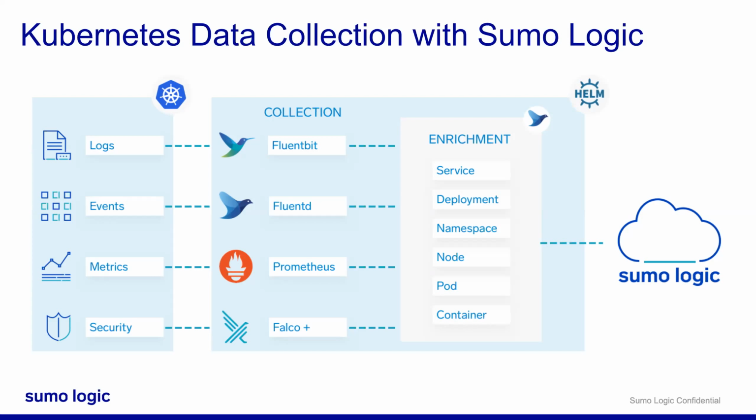So this is really helpful because Kubernetes is so ephemeral. As you have pods and nodes and things of that nature that are coming online or being spun down, that's automatically going to be reflected in the Sumo Logic UI. So it's really helpful, and that's thanks to the auto discovery capabilities of Prometheus.